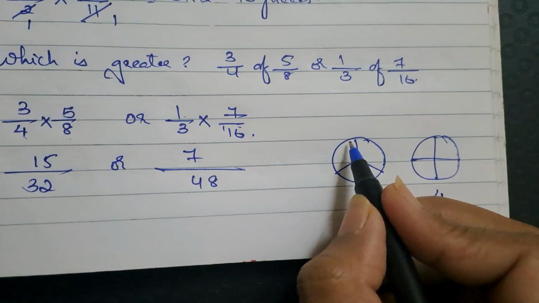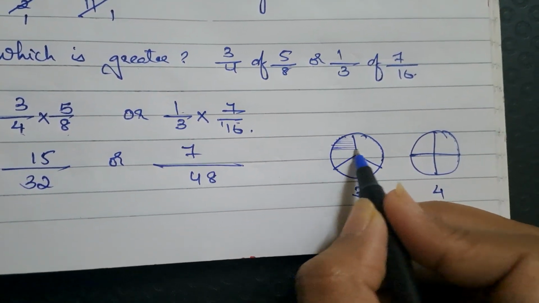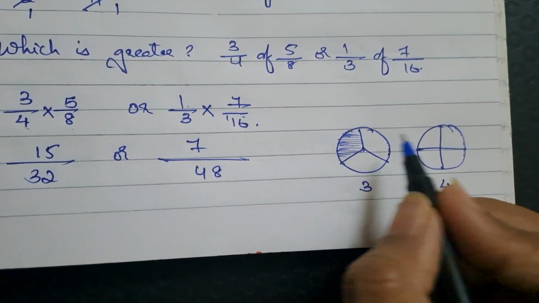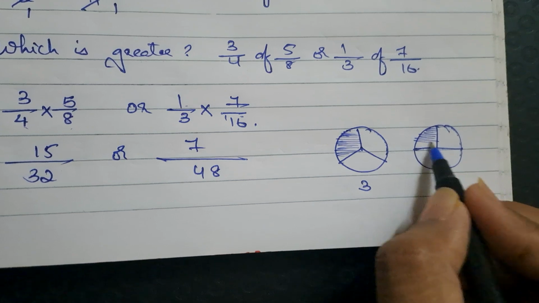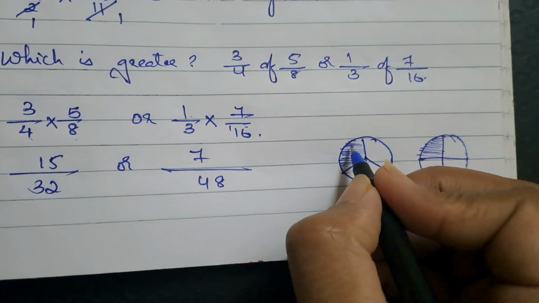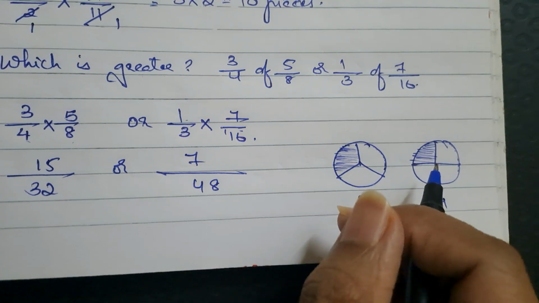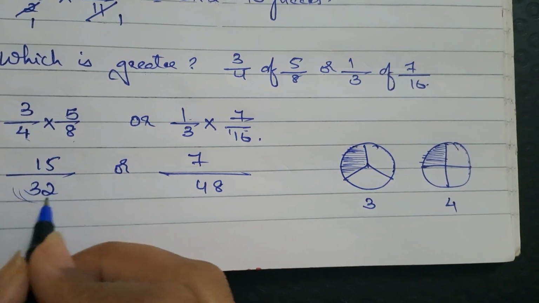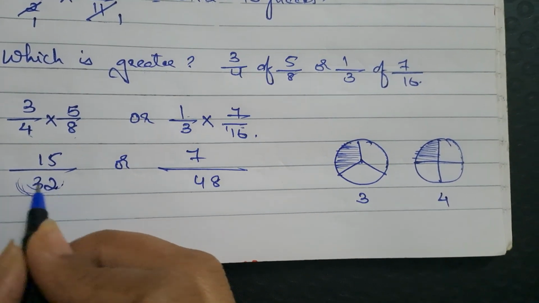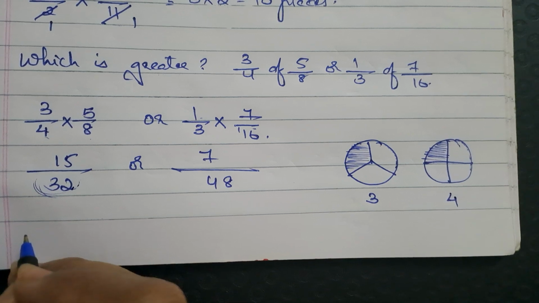So if you compare this one part and this one part, this one is bigger, right? So the fewer the parts in the denominator, the bigger the fraction is going to be.